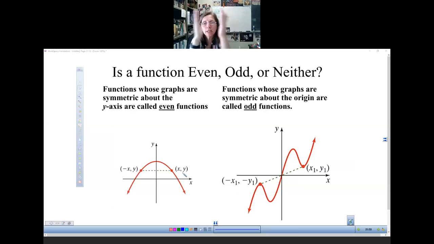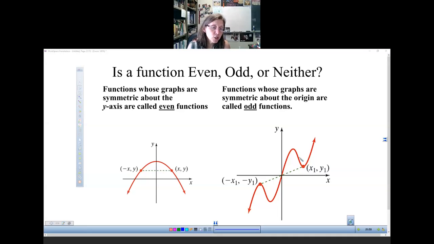If you can fold it across the y-axis and everything lines up, then your graph is what we call an even function, okay? So if it's symmetric about the y-axis, it's an even function. If you can fold it hamburger, hot dog, and hamburger all at once, so make two folds, okay, and everything lines up, it's odd.